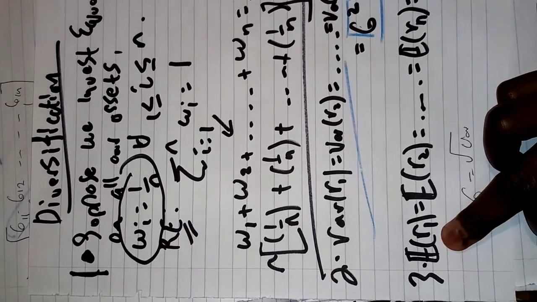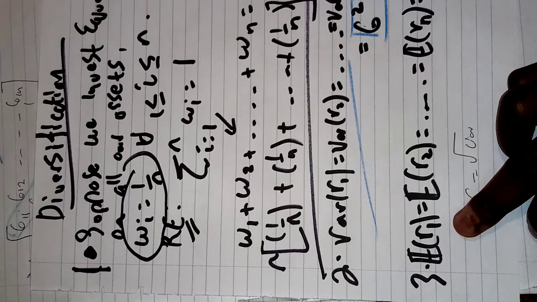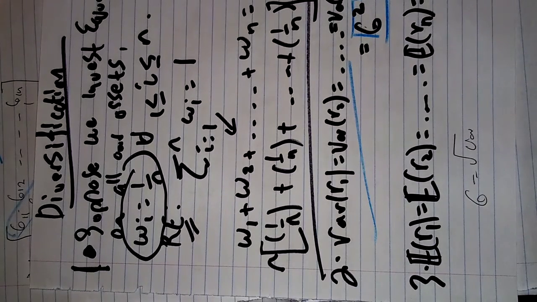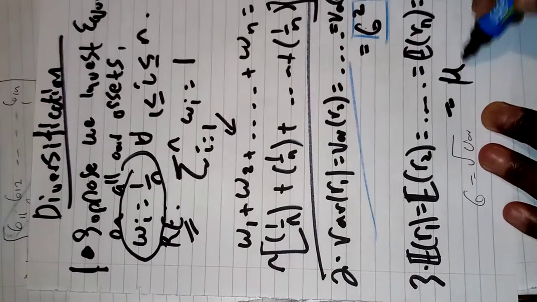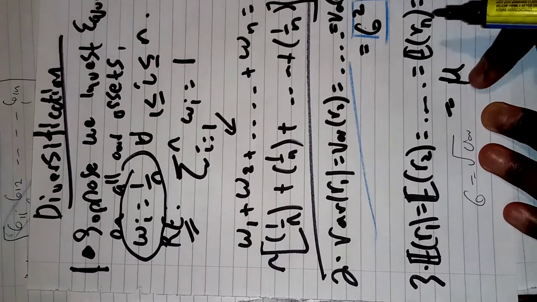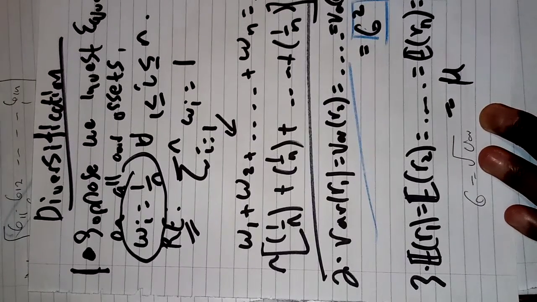The third assumption: the expectation of asset 1 equals the expectation of asset 2 equals the expectation of the nth asset, which is equal to mu. You can see this part is not showing, so I have to write it here. Those were the 3 assumptions.